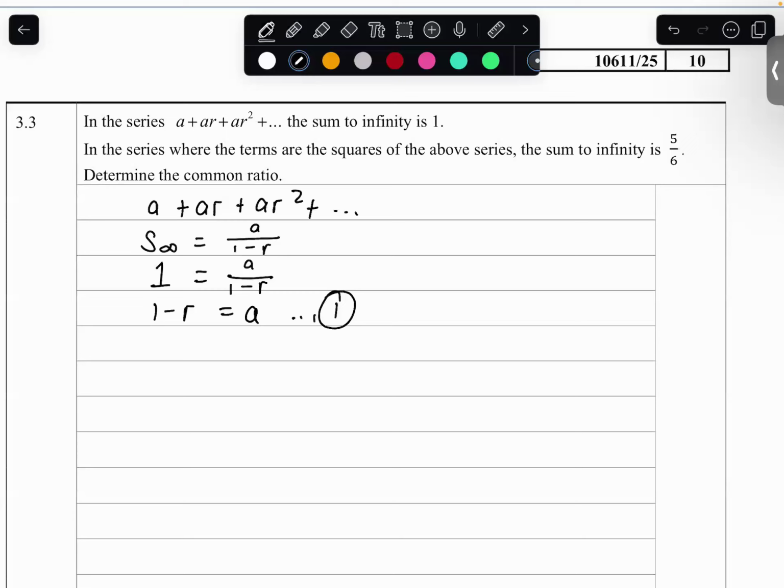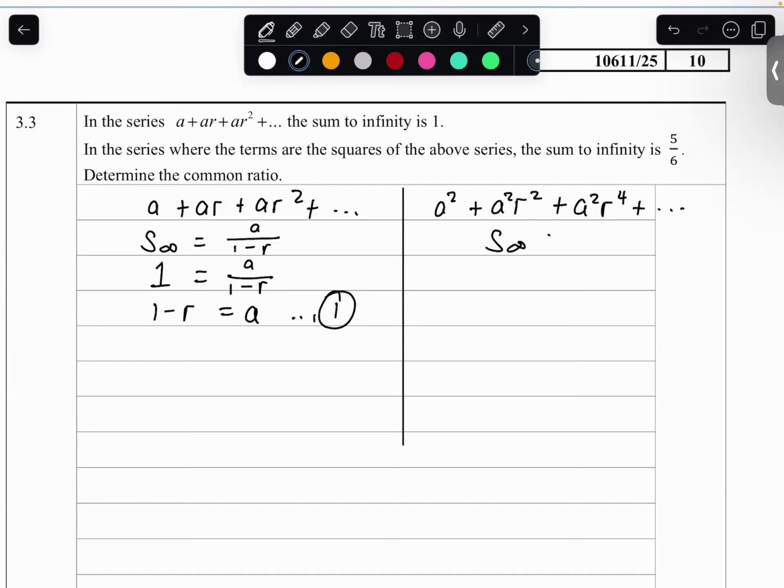Right. In the series where the terms are the squares of the above series, so we're looking at the next scenario here. We have a squared plus a squared r squared plus a squared r to the power 4 plus so on and so forth. The sum to infinity is 5 over 6.